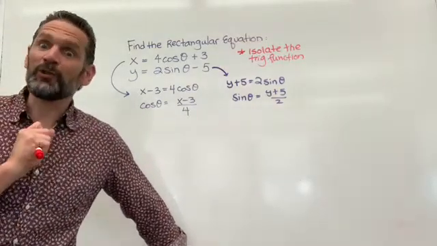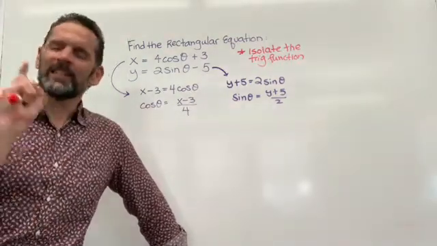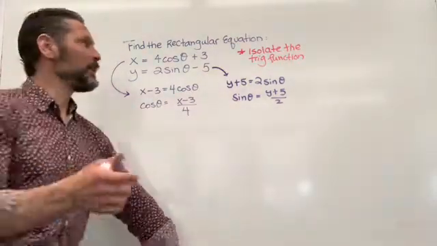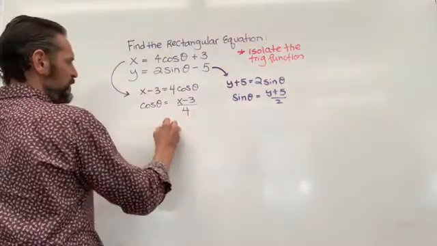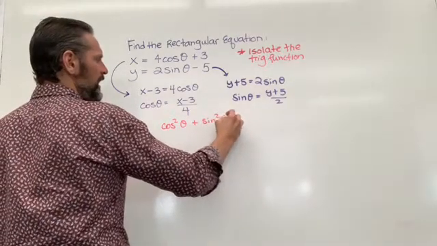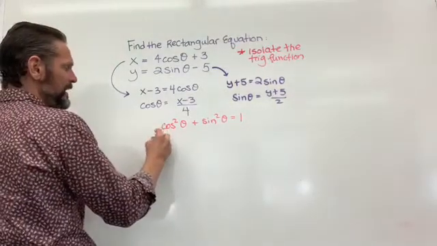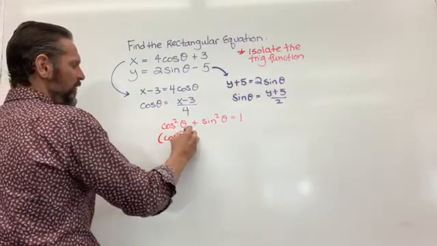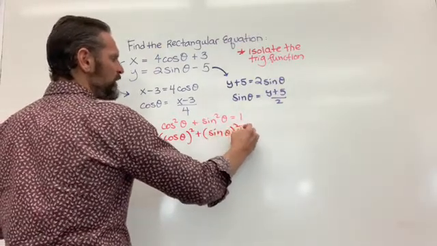But I do know the fundamental trigonometric identity: sine squared theta plus cosine squared theta equals 1, or vice versa. So cosine squared theta plus sine squared theta equals 1, and I have to realize this means cosine theta, the whole thing squared, plus sine theta, the whole thing squared equals 1.